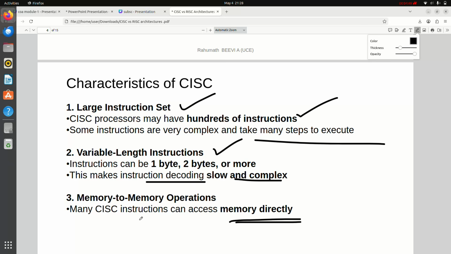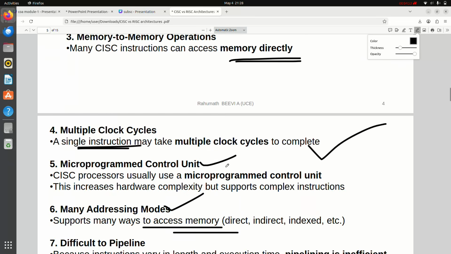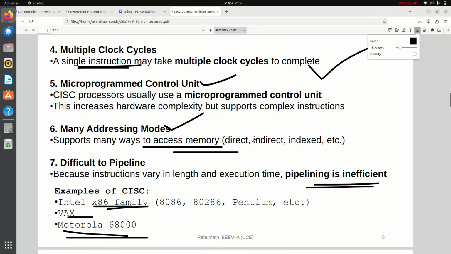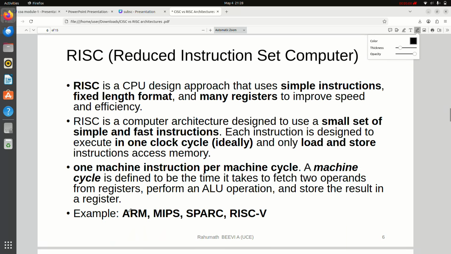It has memory to memory operation, and there are many addressing methods, and it is difficult to pipeline here. Then I told you that many clock cycles are required, then it is a micro-programmed control unit, and then examples of CISC.